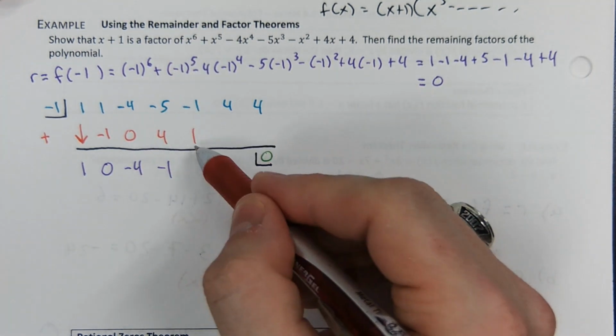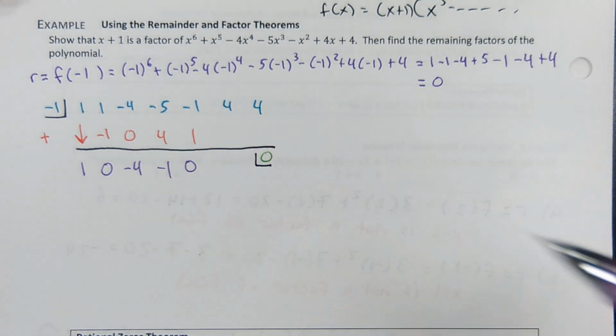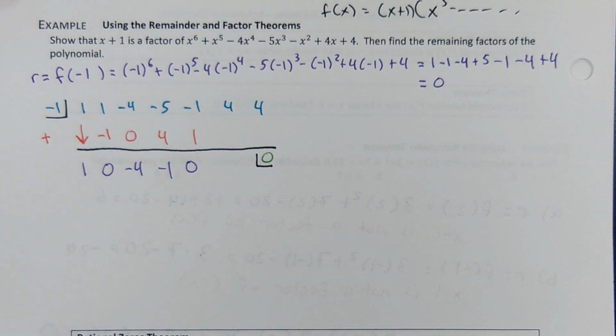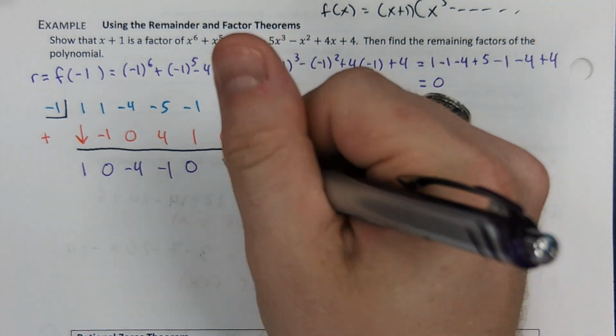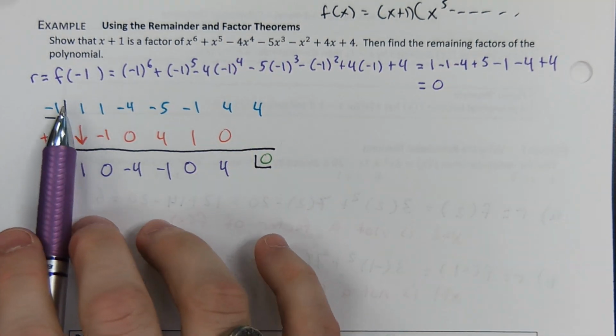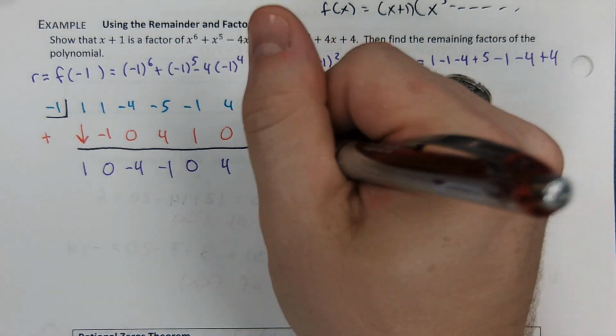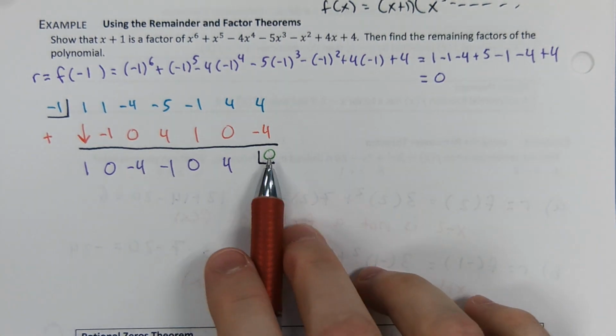And oh look, another 0. -1 times 0 is 0. Adding straight down gets me my 4. -1 times 4 does get me the -4 that was required to get the remainder of 0.